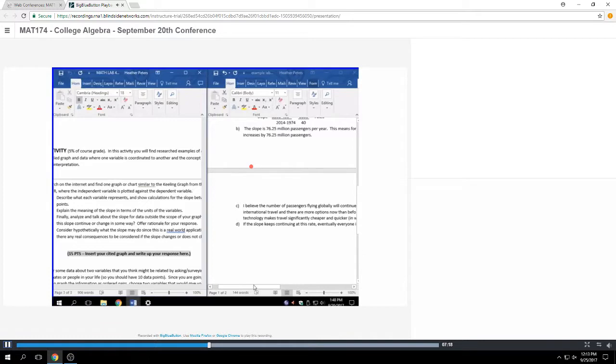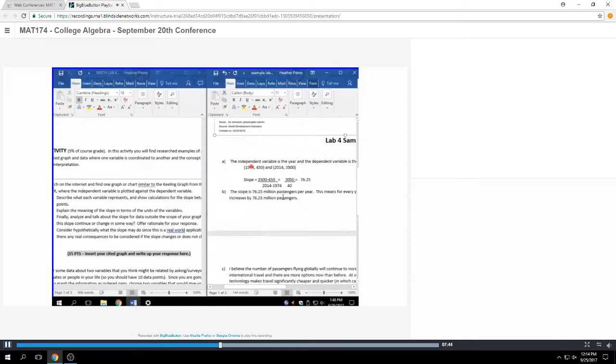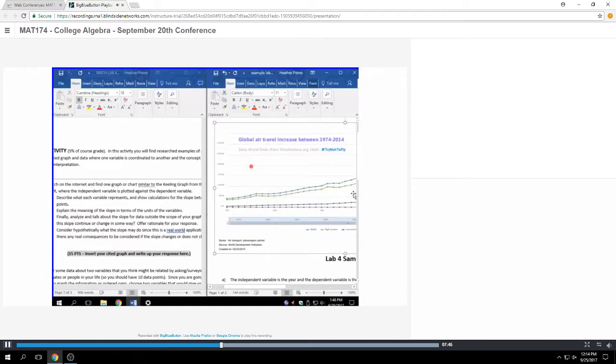I wrote, I believe the number of passengers flying globally will continue to increase at a similar rate because more people are seeing the value of international travel and there are more options now than before. However, I do think at some point it will level off unless some new technology makes travel significantly cheaper and quicker, in which case it would increase at a faster rate. So you're basically making a prediction for what you think is going to happen after this graph ends. So beyond the graph, what are your predictions?